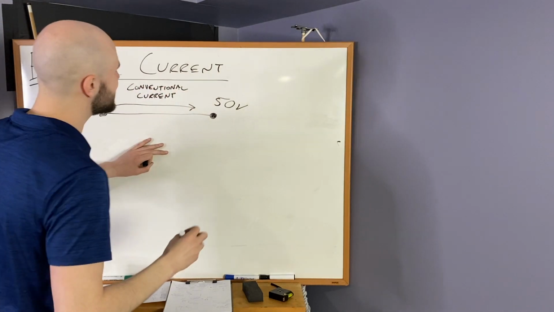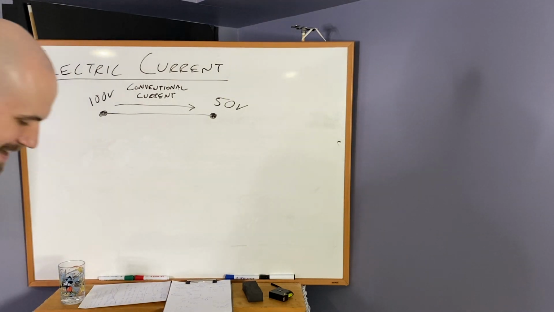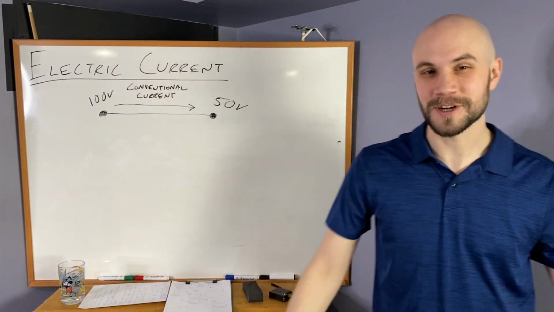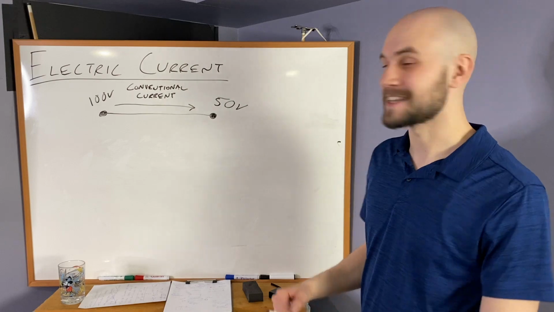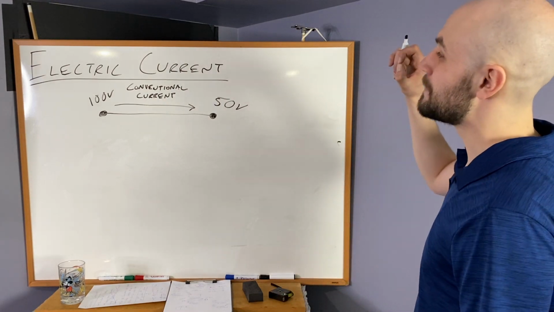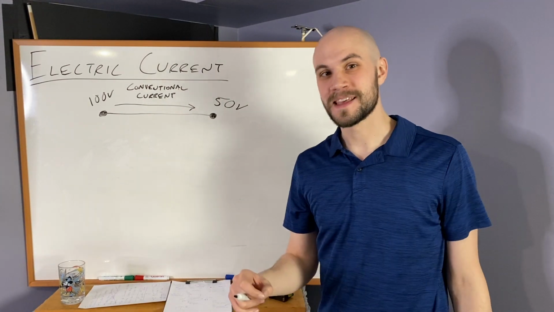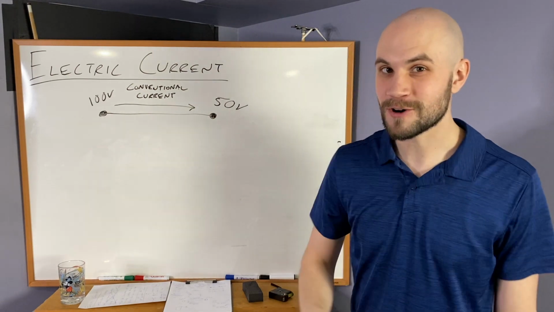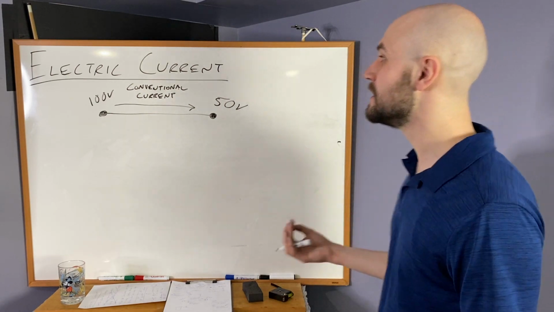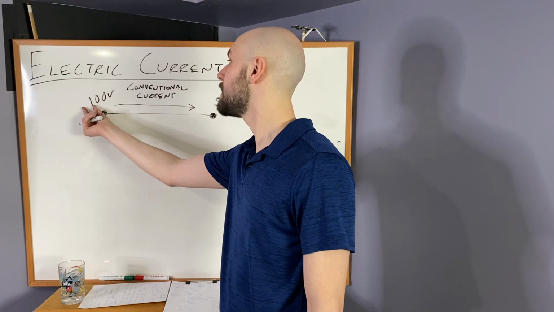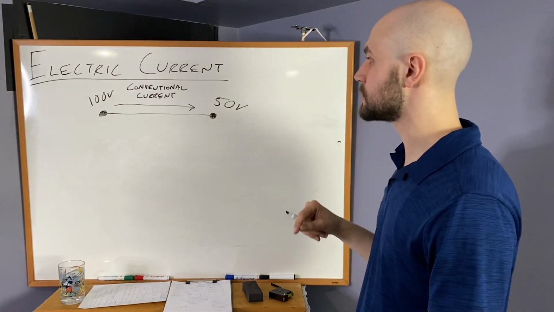Now, why did I say conventional current? Here's where things get a little tricky, because of some historical accidents that occurred. The way current is defined is the direction that positive charges would move in this situation. A positive charge would want to move from a high potential to a low potential.